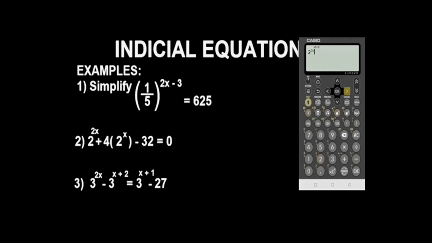We come down, we have plus 4 in brackets 2 to the power x. You come down and close the bracket, minus 32. Alright, equals, press shift and this button, 0. So that's what we have there for question 2.